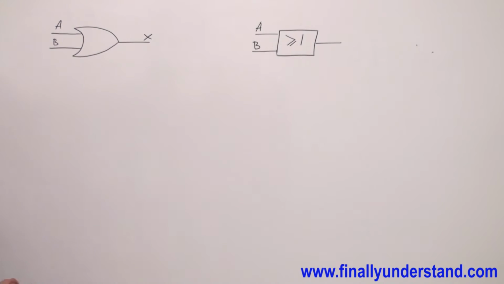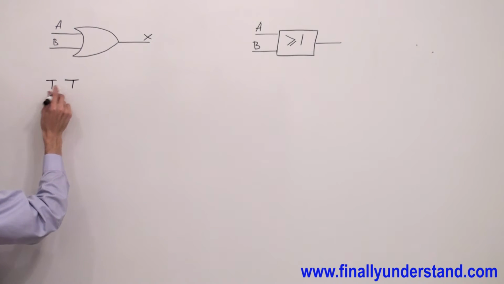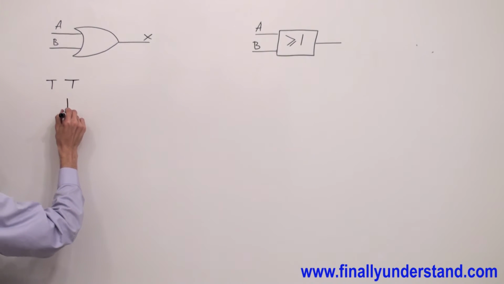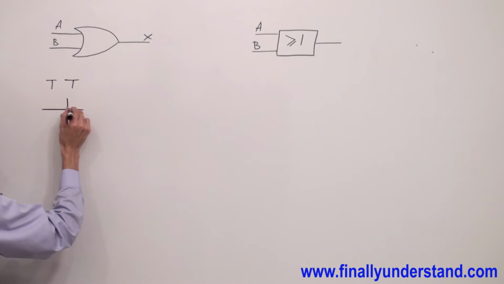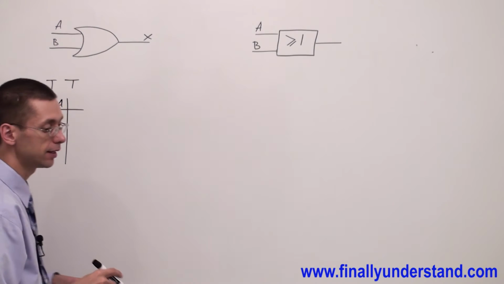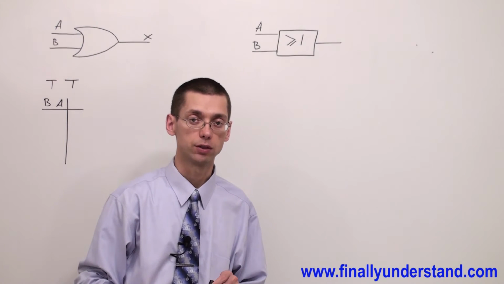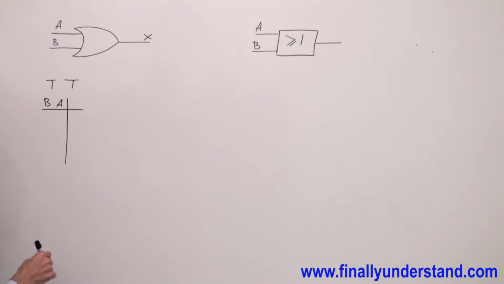Now, what are we supposed to do next? We're supposed to draw the truth table in order to understand how it works. TT stands for the truth table. I have two inputs, A and B. We said that anytime we have two inputs, we can apply 4 combinations to this gate.